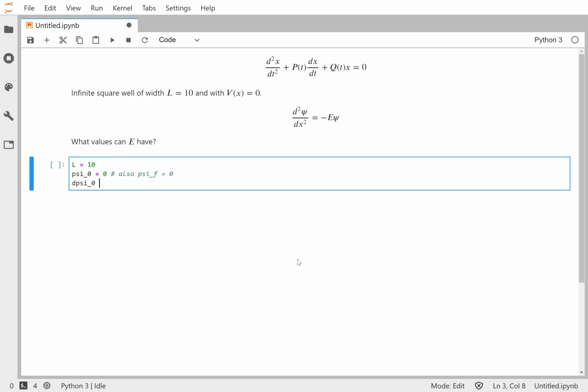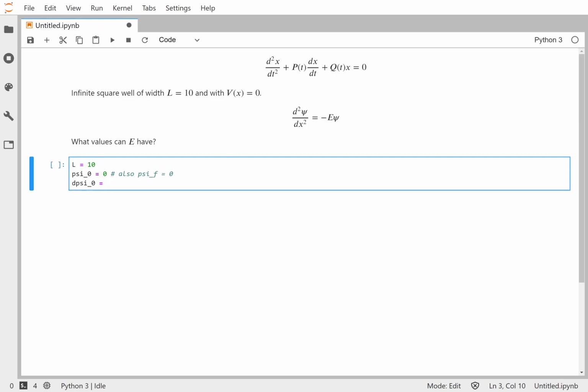So we have to have another starting condition here, which is the derivative of psi. Now, here you might think this is the thing we'd be playing around with. But as it so happens with wave functions, and the problem we're trying to solve, it doesn't matter what you pick for dpsi. If E is not an eigenvalue, it just does not work. It's really E that sets the solution. And the way in quantum mechanics we handle the slope is through something called normalization.